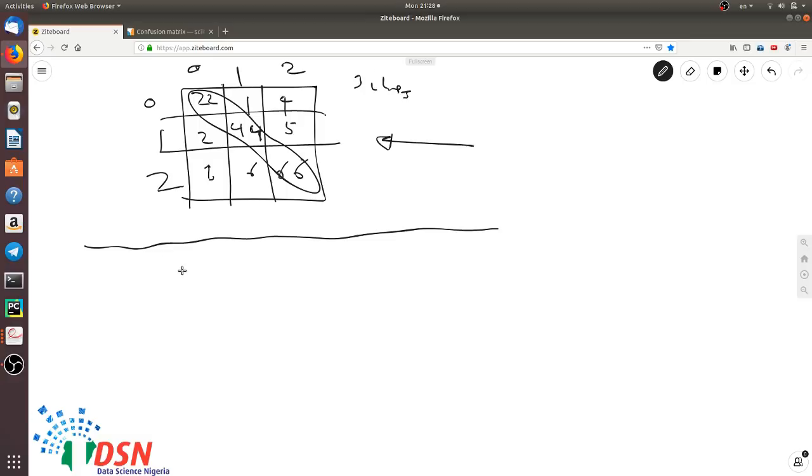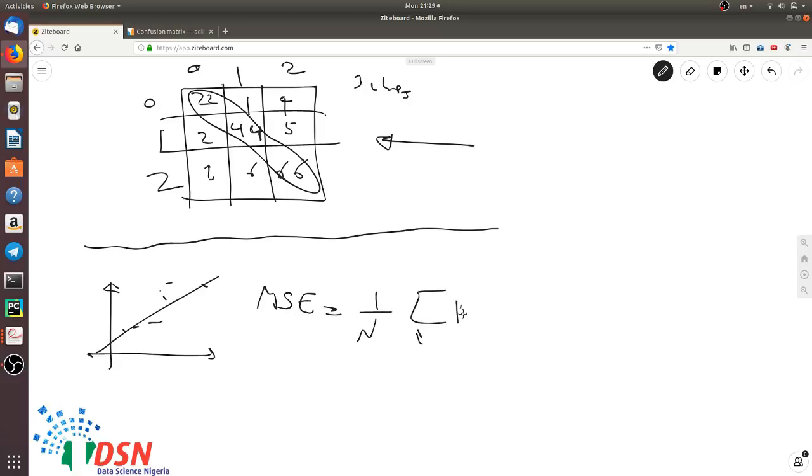But if you have a regressor, for example you fit a model to some of your data and want to know whether your regressor is good or not, one of the performance measurements is mean squared error, or 1 over n times the sum of the differences squared, and another measurement is the mean absolute error, which is just the absolute value of yi minus yi hat.